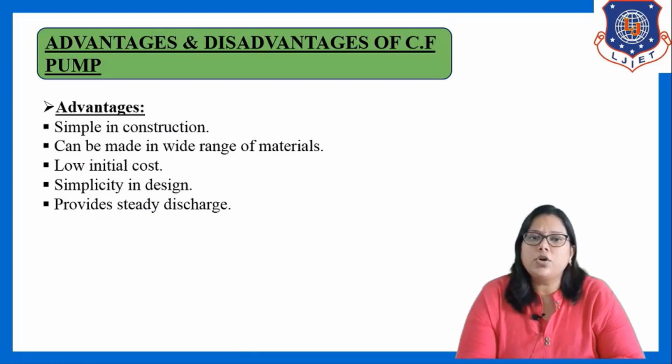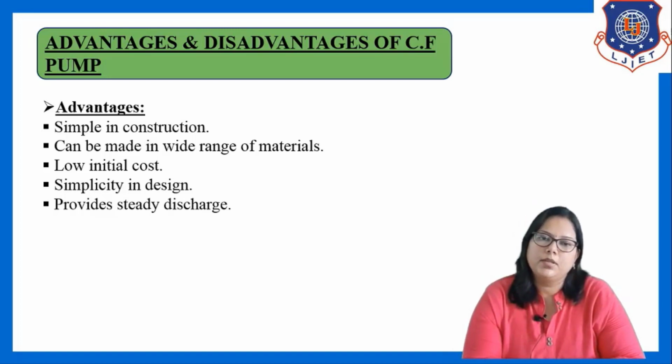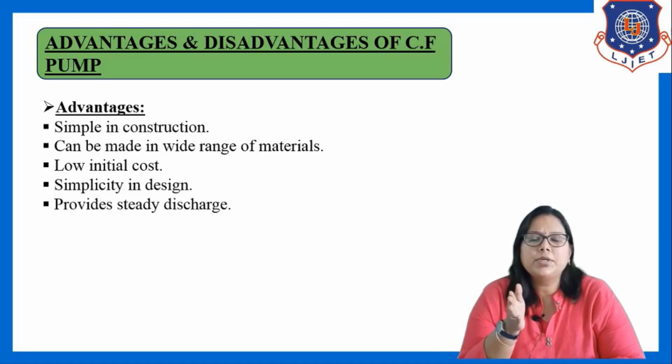The advantages of the centrifugal pump include that it is simple in construction. It is very simple in construction because it includes very little machinery: a casing, a shaft and an impeller, as we have seen.